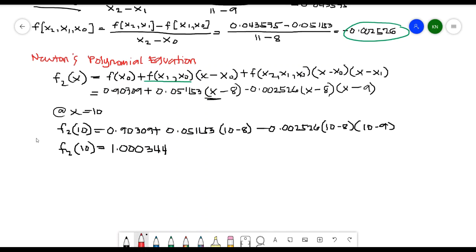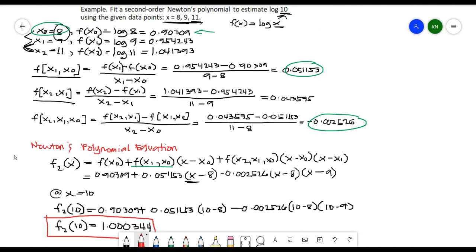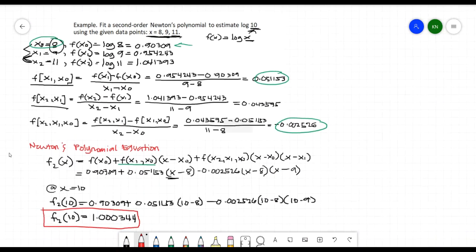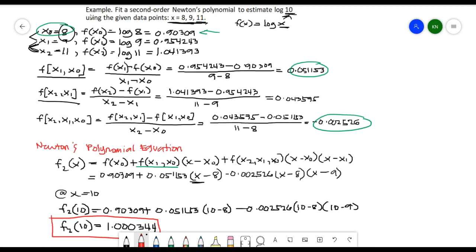So we already have the answer for our Newton's polynomial. This is the solution for the problem: fit a second order Newton's polynomial to estimate log 10 using the given data points x equal to 8, 9, and 11.